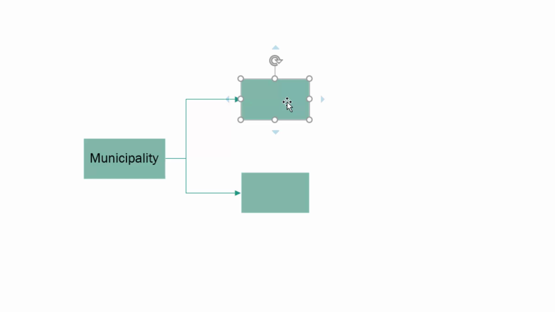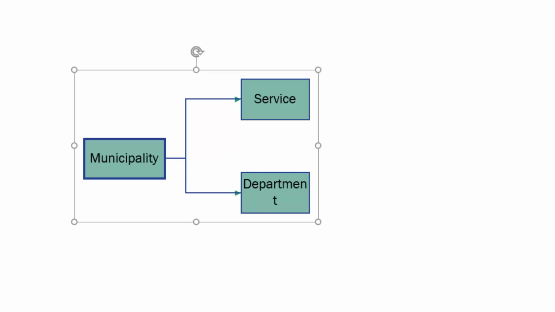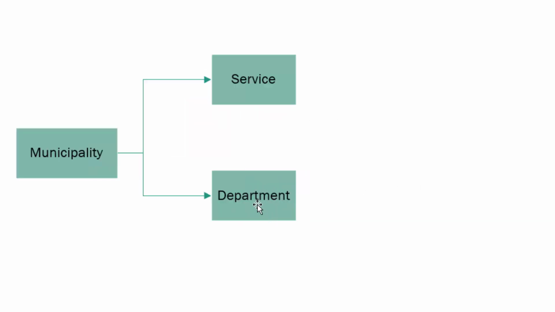So what do we need to know about municipality to understand how it is managed? We probably need to understand what are the different services that municipality provides, what are the departments that municipality uses. And for a concept model, we are going to use a singular noun. Service, department.